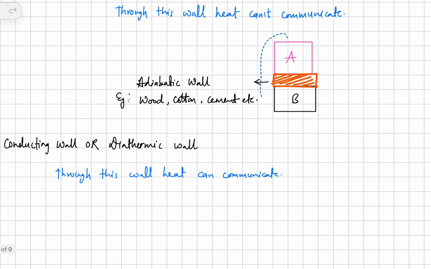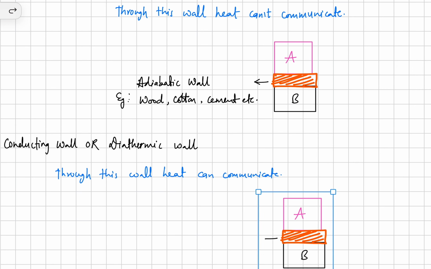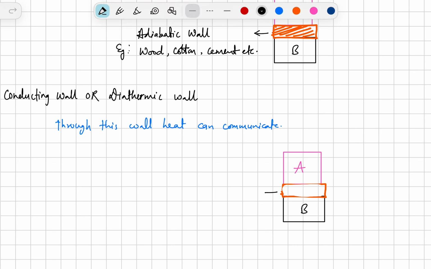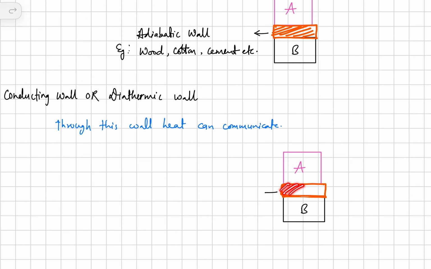On the other hand, we can have a wall through which the energy can pass. Energy can go from one system to another system, that is, heat can communicate. Mainly they don't draw any diagonal line for this wall, but it is a convention.